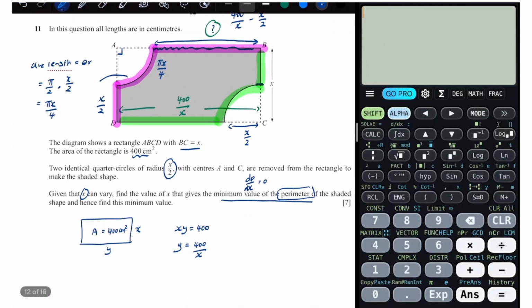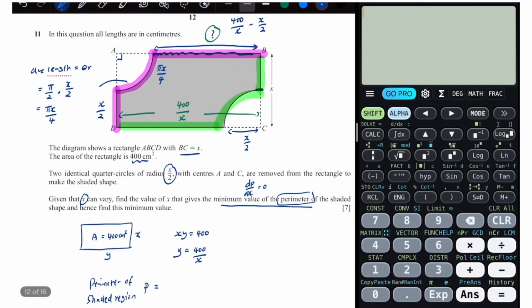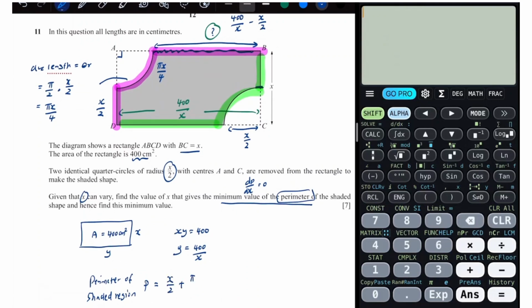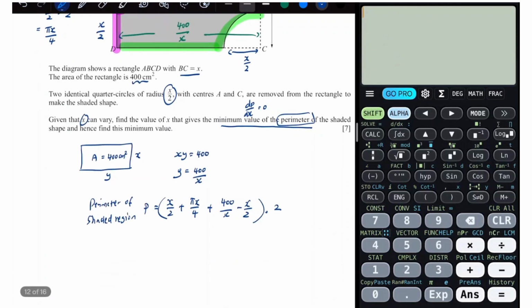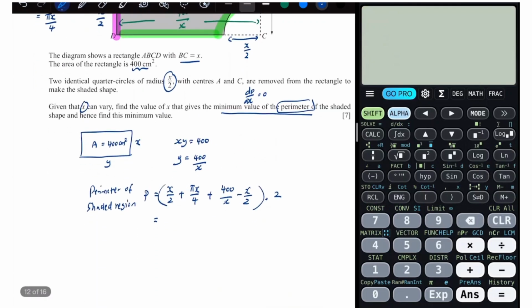So the perimeter of shaded region, which I'll call P, will be x over 2 plus pi x over 4 plus 400 over x minus x over 2. The entire thing just multiply by 2. Okay, so then this thing will cancel out, surely.